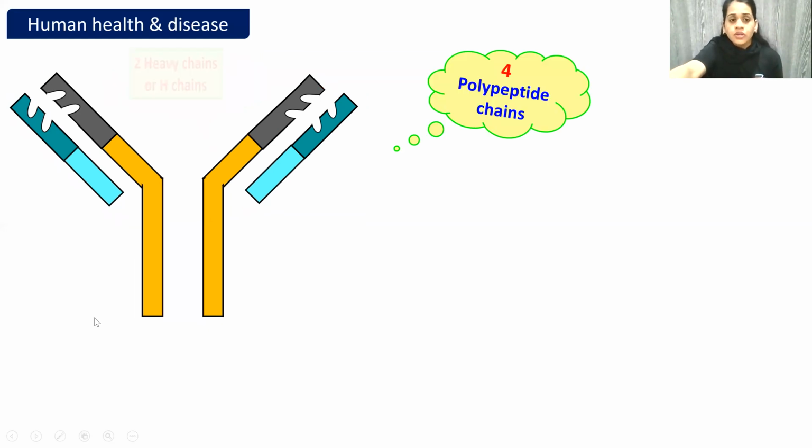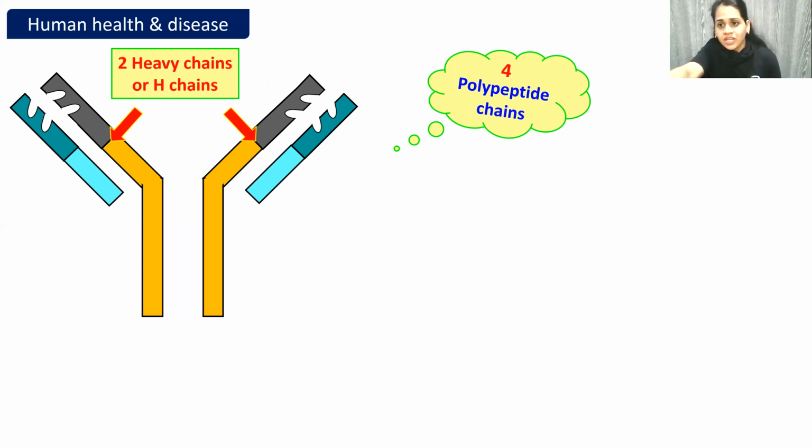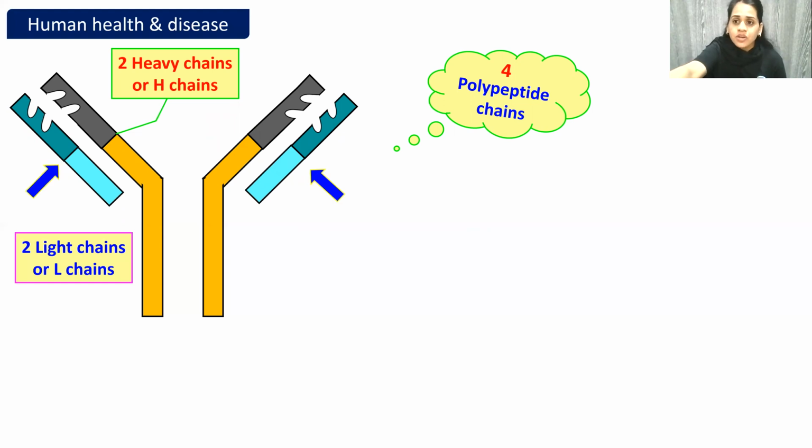Now these are two. Can you see the two long ones? The two long chains are called heavy chain or H chain. What are they called? Heavy chain or H chain. And the smaller chain is called light chain or L chain. What is it called? Light chain or L chain.